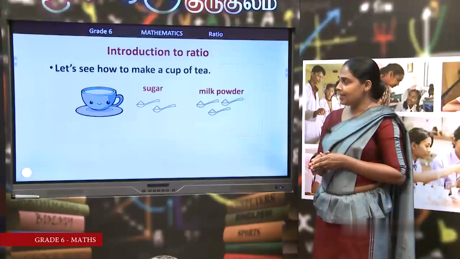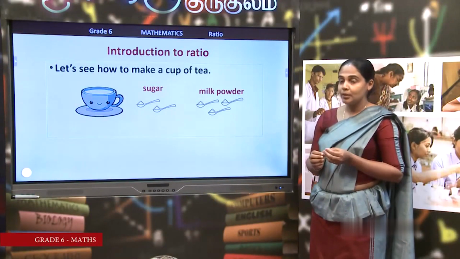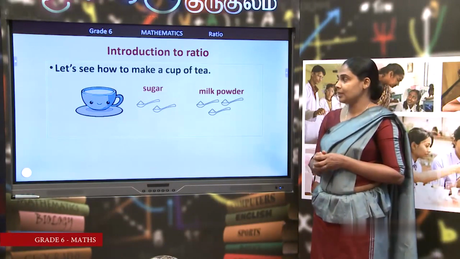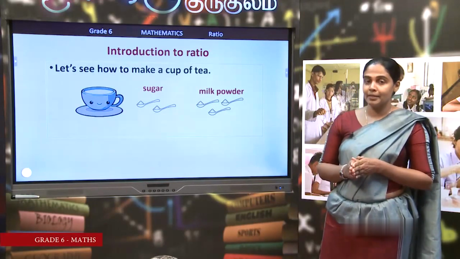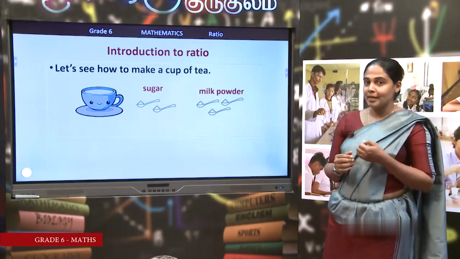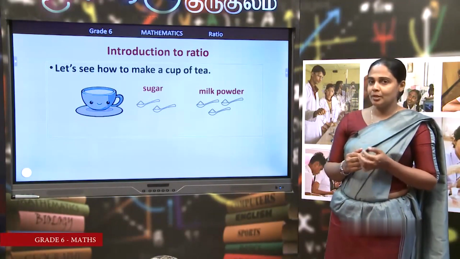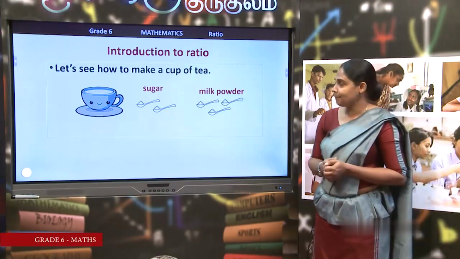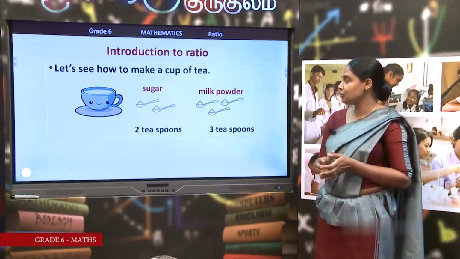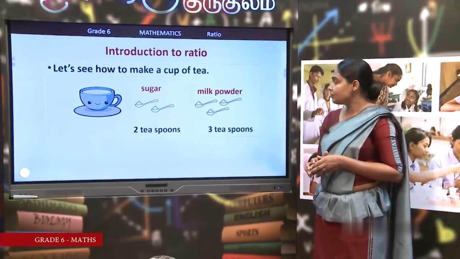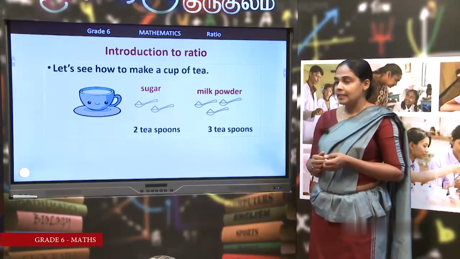She will say, add 2 teaspoons of sugar and 3 teaspoons of milk powder. It is according to my preference. Then I think your mother will say the same thing. We use 2 teaspoons of sugar, 3 teaspoons of milk powder.